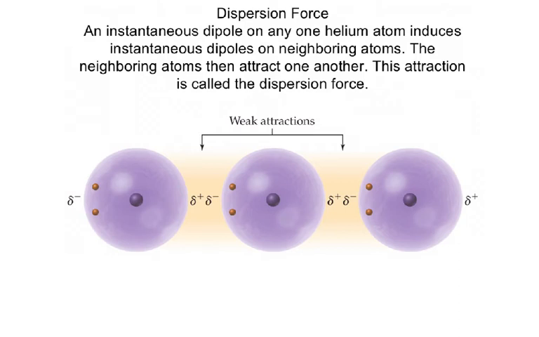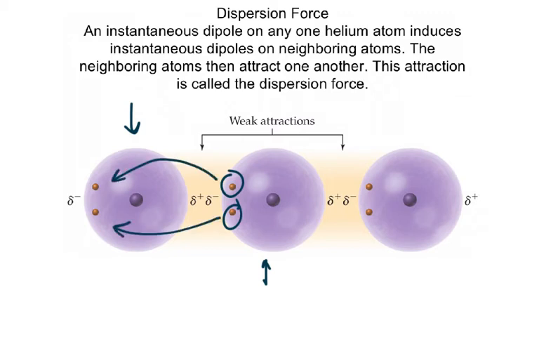If you look here, let's say the instantaneous dipole was the middle one. Here's the neighbor to the left. We'll take a look at this neighbor. Because of these electrons, it will cause the neighbor's electrons to get pushed to the other side. There also will be an attraction over here between the nucleus and the electrons. So, the neighbor becomes polarized as a result. This is what we call an induced dipole.